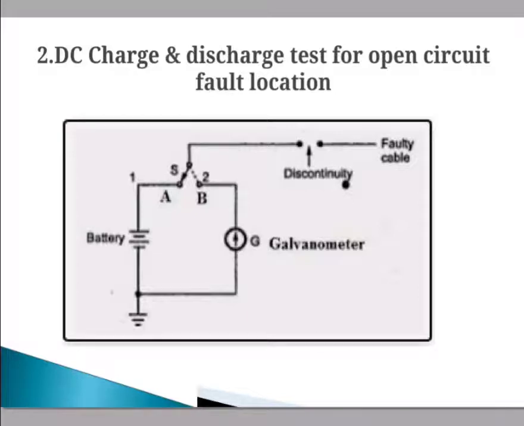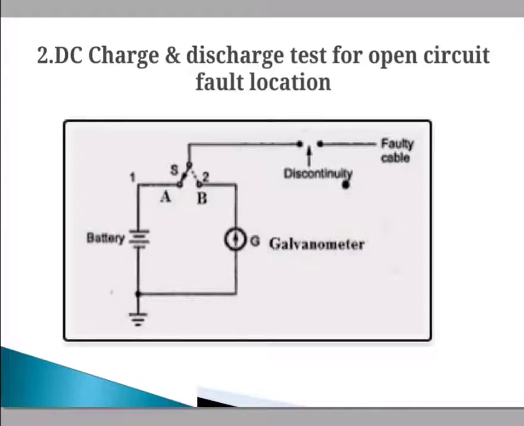To proceed with this test, charge the cable with a battery for a very short time, say 50 seconds, then discharge it through a moving coil galvanometer, which we connect here, and repeat the test at the other end and take the similar reading.